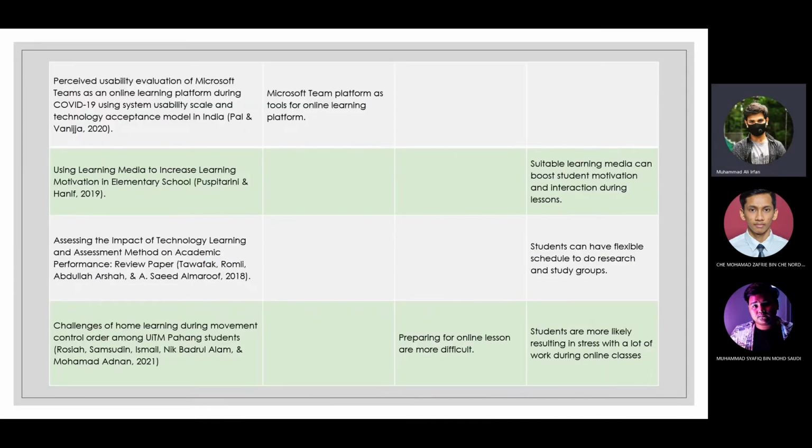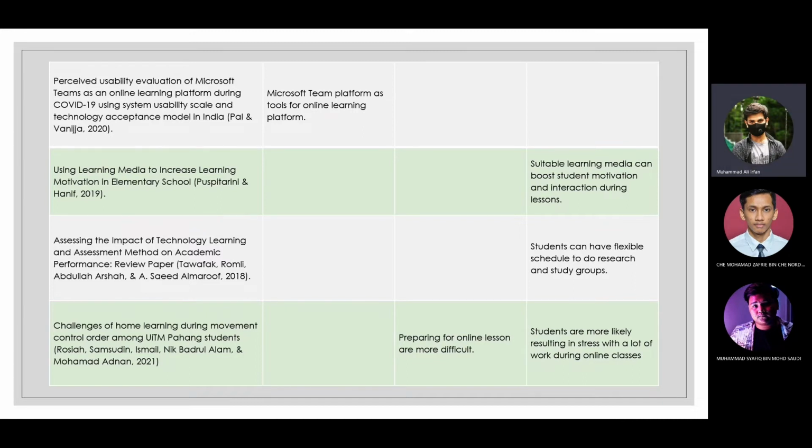Also, let's talk about more articles, like perceived utility evaluation of Microsoft Teams as the online learning platform during COVID-19 using system usability scales and technology. So Microsoft Teams performs as the tool for the online learning platform, as we all know that. Also using learning media to increase learning motivation in elementary school.